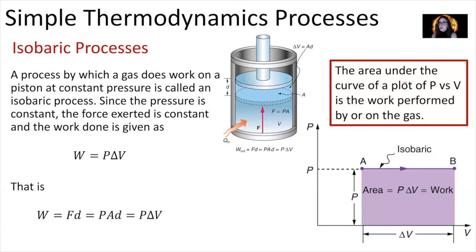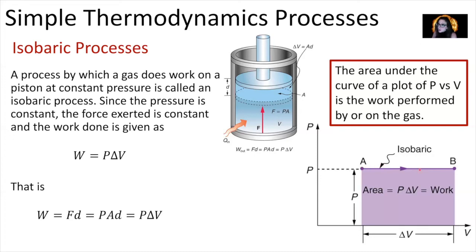Now this is also a really great place to talk about how the work performed by or on a gas is equal to the area under the curve of a P versus V diagram. So here we have a diagram where we've got the pressure of the gas on the vertical axis, we've got the volume of the gas on the horizontal axis. In an isobaric process, let's say we move from point A to point B. Isobaric means constant pressure.